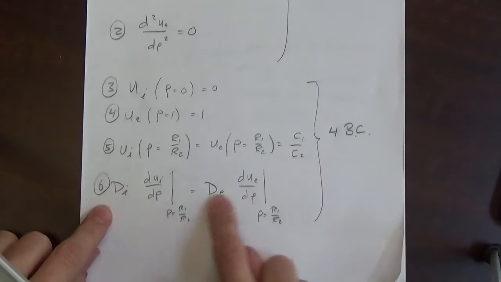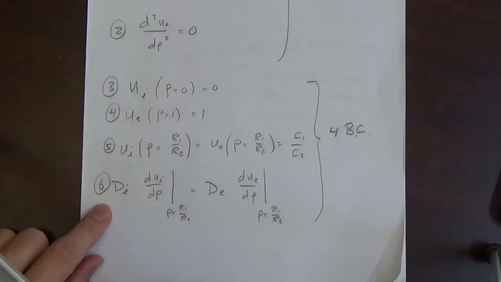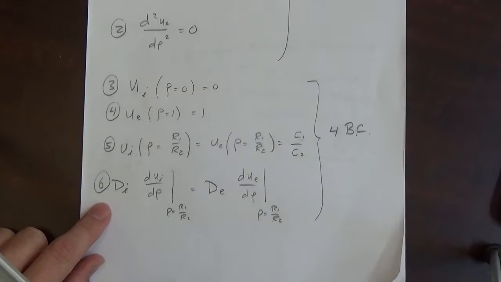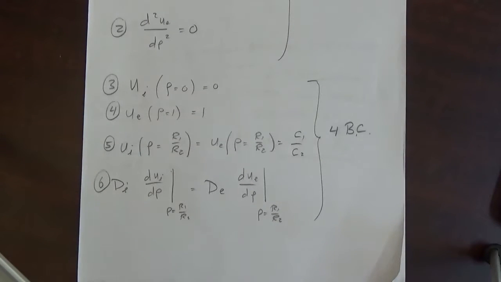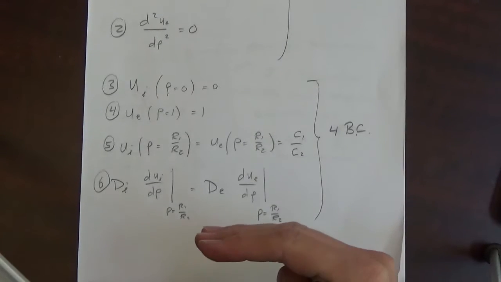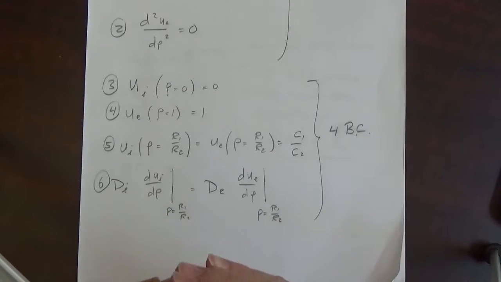And now our fourth boundary condition has to do with the flux of matter. Basically, we're saying that because we're solving the steady state solution, the flux across the interface, both coming from the left and coming from the right, has to be equal.